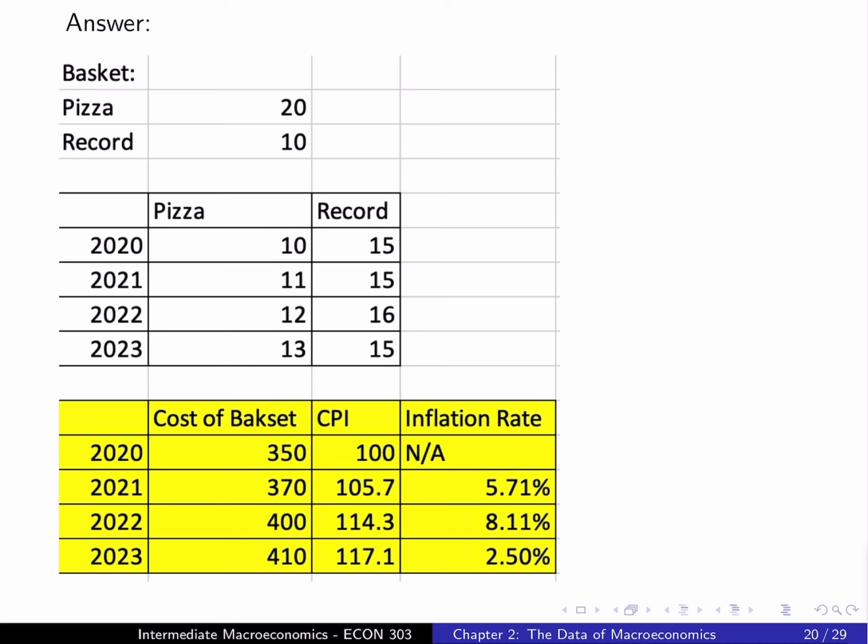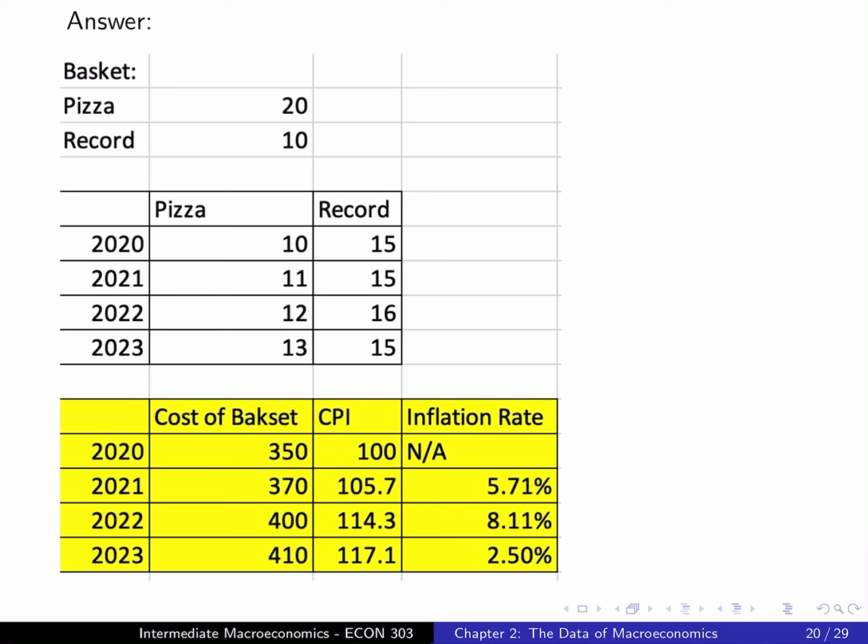To calculate the cost of the basket in any given year T, we multiply the quantity of each good by its price in that year. Example, for 2021, cost of the basket equals 20 times $11 plus 10 times $15. That equals $370. Please compute the cost of the basket for 2020, 2022, and 2023 using the same method. Once completed, compare your answers with the answer key.